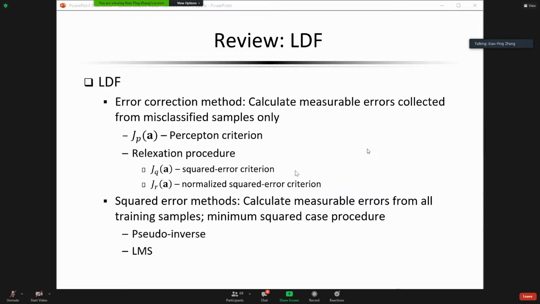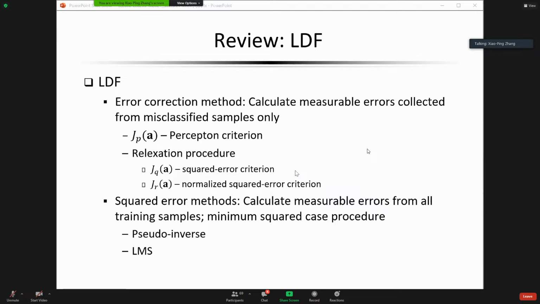Most of them measure errors from the misclassified samples. For all these J_p, J_q, J_r, we only calculate the errors from misclassified samples. Then we have the square error method, which computes the error from all training samples. It's easier to operate. That's minimum squared error.